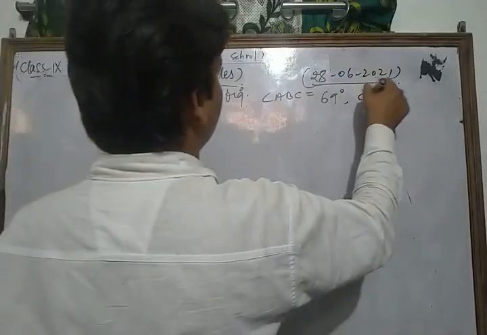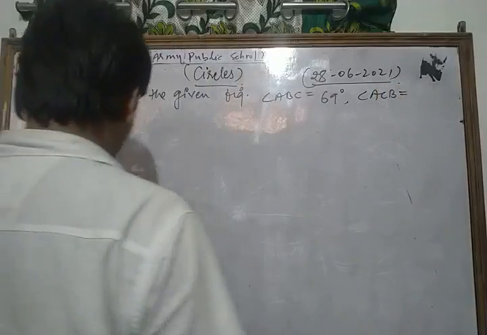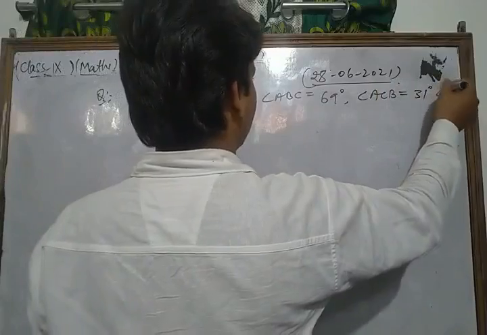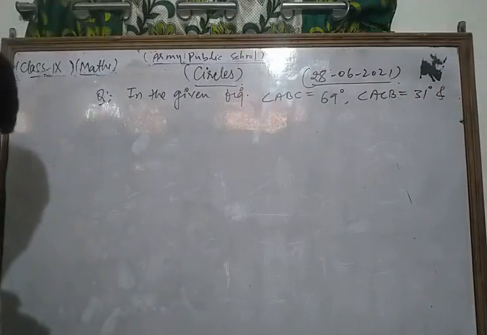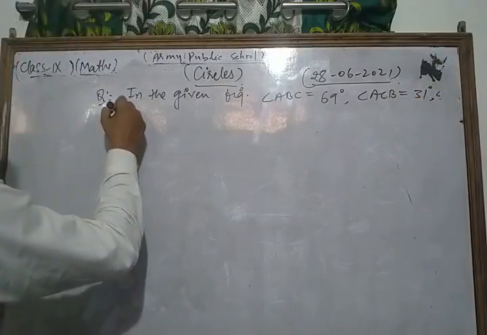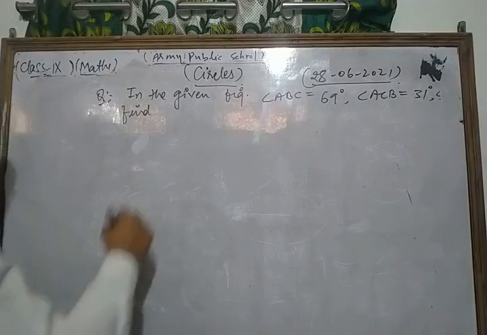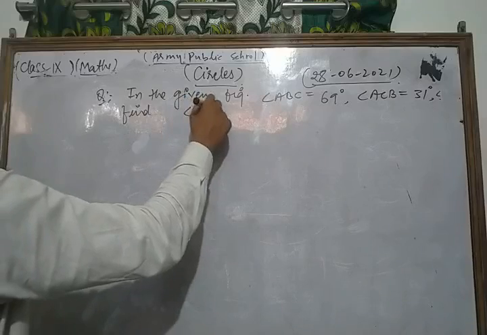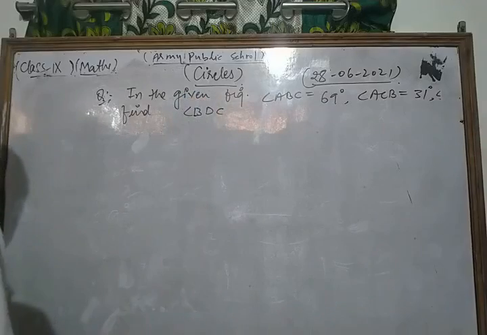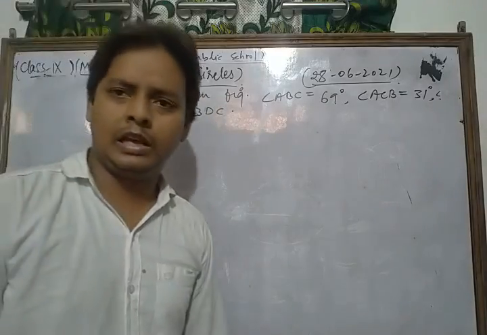Angle ACB is 31 degrees, and then find angle BDC. Find angle BDC.